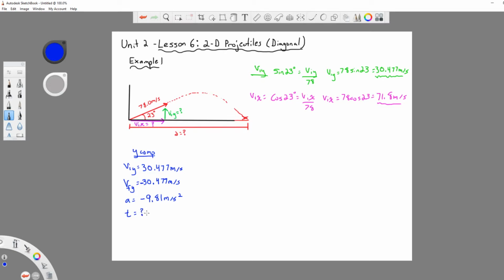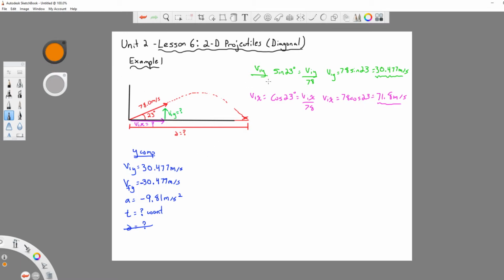So time is unknown and we want it, which means our last component, displacement, don't know, don't care. Nice. Okay, well, we've got our things. We need to find a formula that excludes displacement.